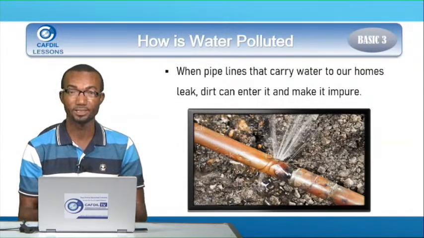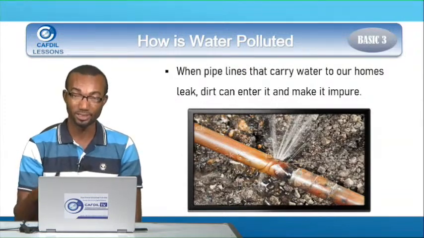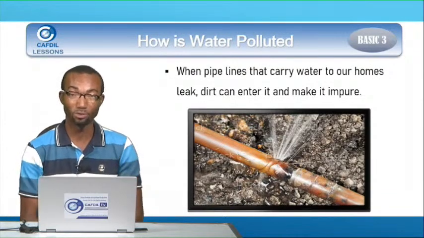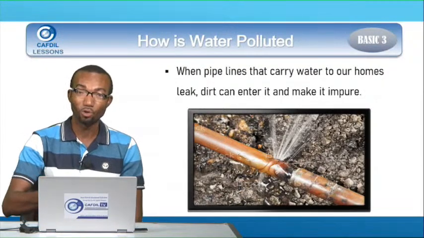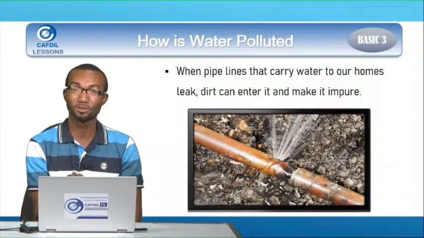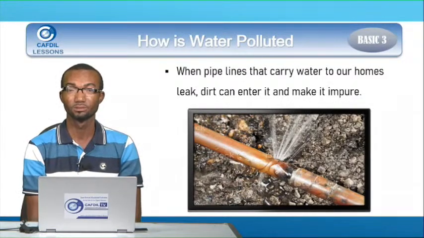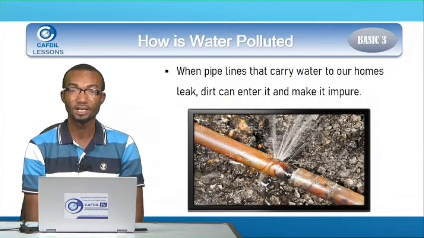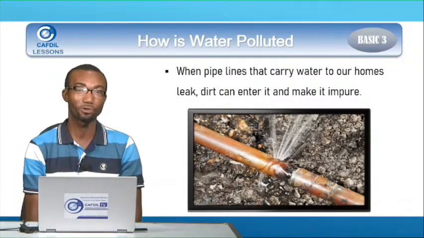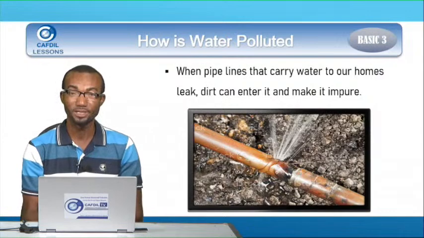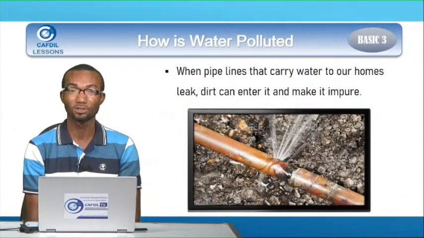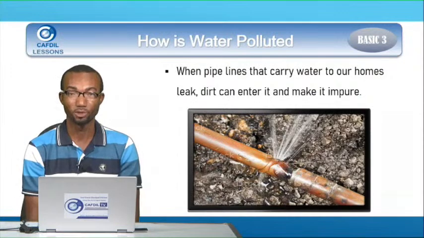Sometimes you open the tap and you are not comfortable, because the water is dirty. Some of this results from the leaks that we have. Maybe the leak is very far from you, but the dirt will end up in your taps. So when pipes that carry water to our homes leak, the dirt can make the water impure for us.